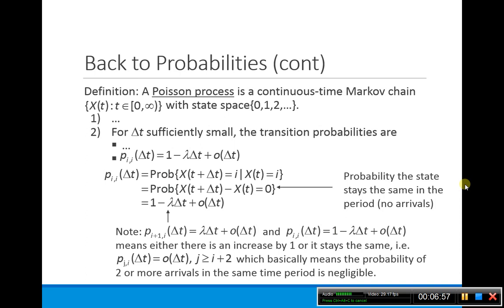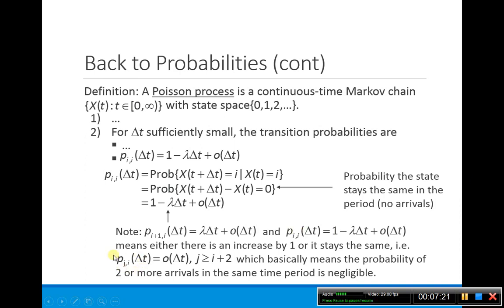The probability of staying at the same count is 1 minus lambda delta t. If you remember probabilities, you have a probability and then 1 minus that probability. So basically what we're saying is that in this small time delta t, you can only do two things. You can either stay the same count or you can increase by 1 count.